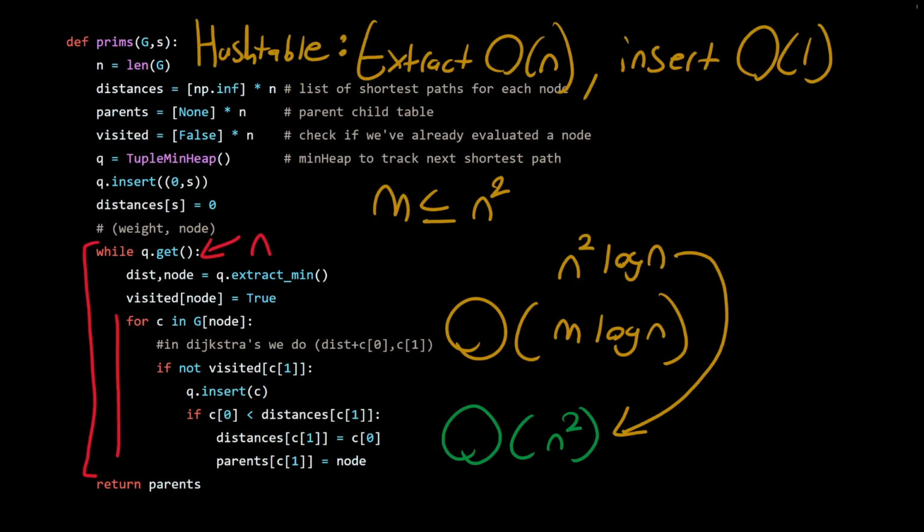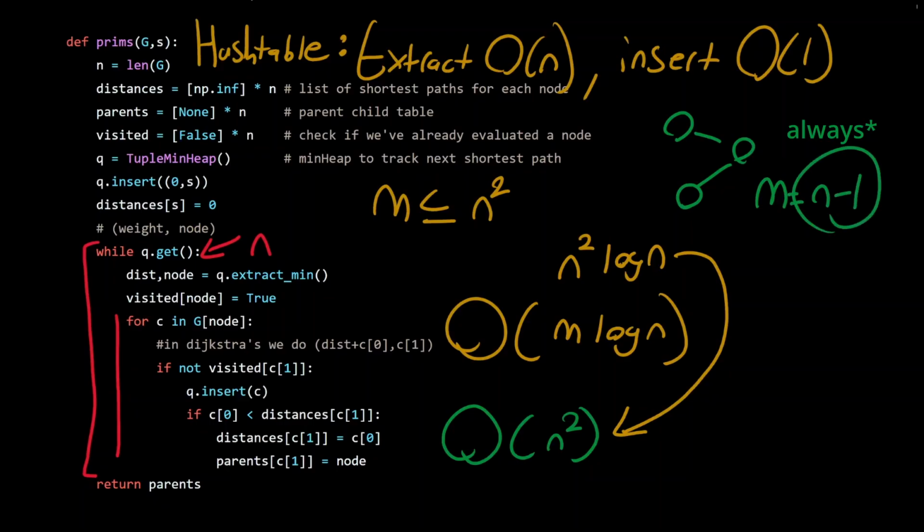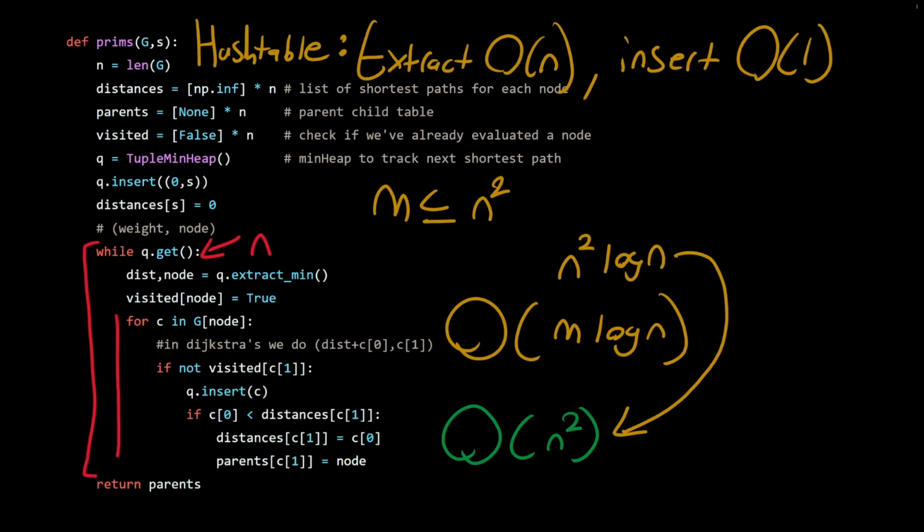Well, in reality, m is not going to be larger than n. That's just not going to be the case. When we look at tree structures, m here is usually n minus 1 for a tree. So in practice, we're going to get m is less than or equal to n, most of the time.